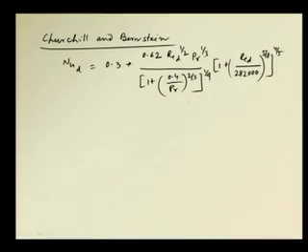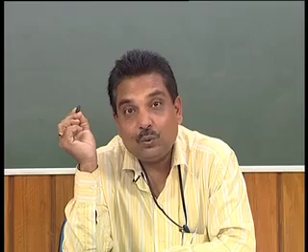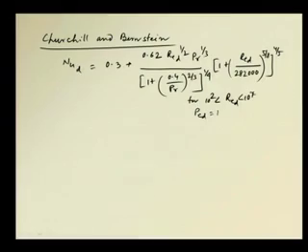This is for 10 to the power 2 less than Re_D less than 10 to the power 7. Re_D, from the name itself, is based on the diameter of the tube, and Pe_D is the Peclet number, which is nothing but Re_D into Prandtl number. We have already discussed what the Peclet number is, and it should be greater than 0.2.